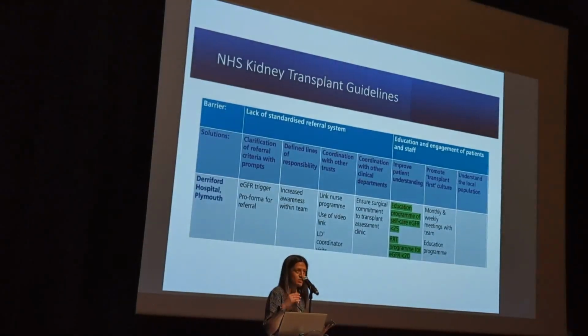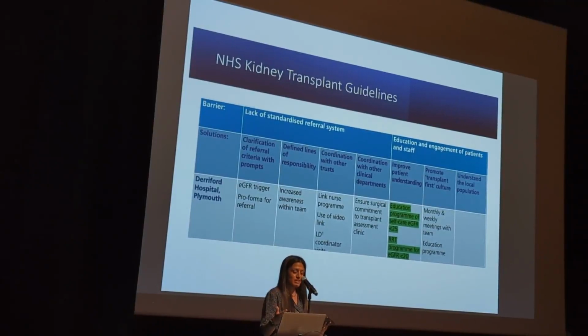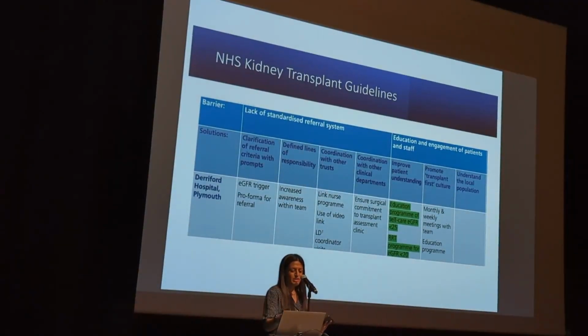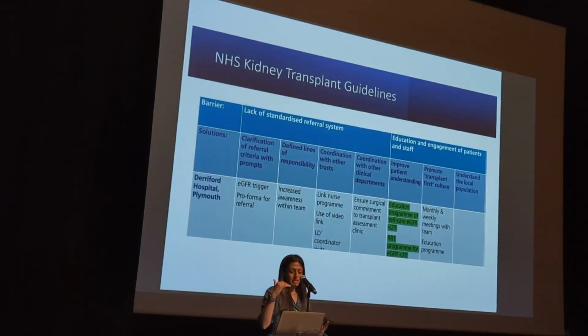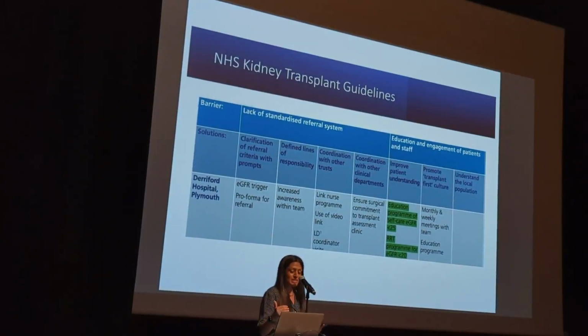And the reason why this is so important is because if you look at the National Health Service in England, kidney transplant guidelines, we can see over here, I've highlighted in green what physicians are told to do. So we're basically told that you can only consider a patient eligible for a kidney transplant if their GFR is less than 20.